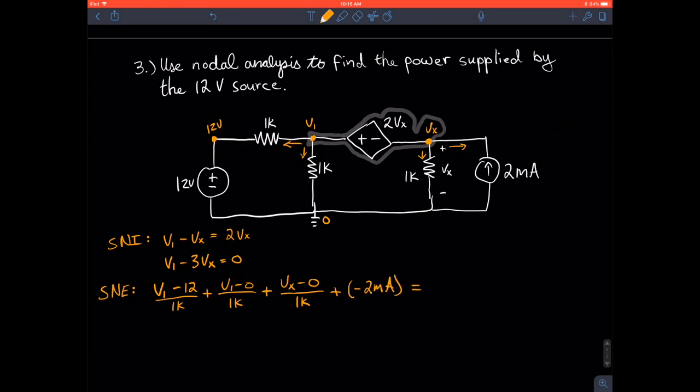And that's all also equal to 0, thanks to Mr. Kirchhoff.